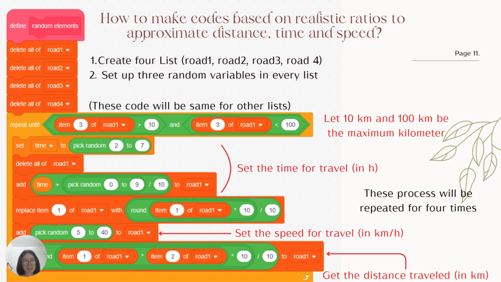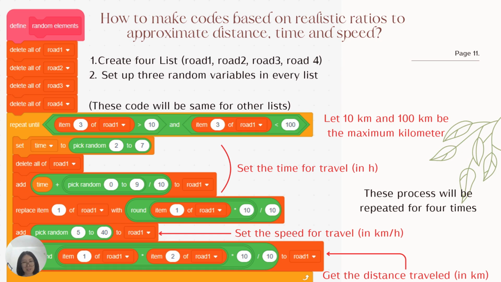You might wonder how to make codes based on realistic ratio to approximate distance, time, and speed. Firstly, I have created four lists, which are row 1, row 2, row 3, row 4, and set up 3 random variables in every list. When the program receives a request to build a question, this code will be run once.